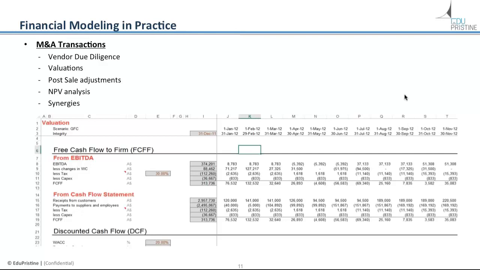Now, part of the M&A process is also the valuation of a business. There are a number of ways that people do valuations. Without getting into too much detail, you can value a business based on its assets. You can value a business based on market value. And you can value a business based on its income streams.